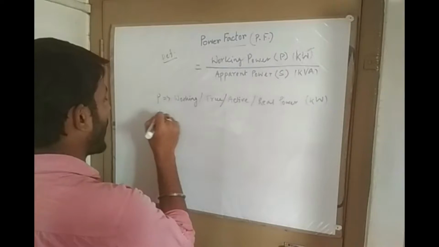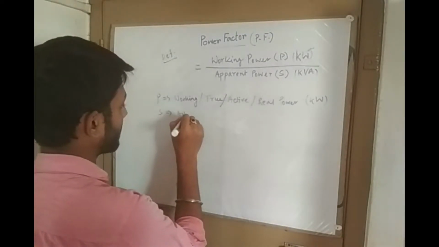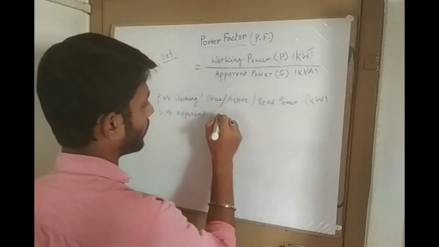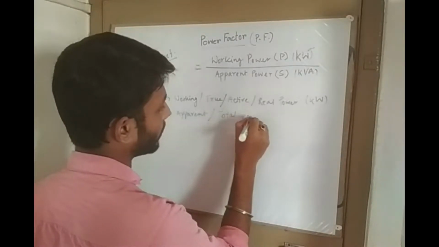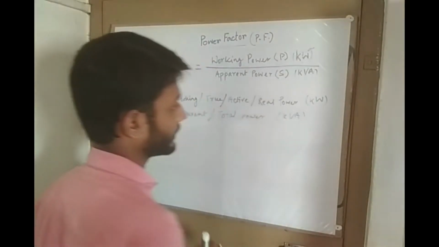This apparent power is sometimes called total power, it is in kVA.